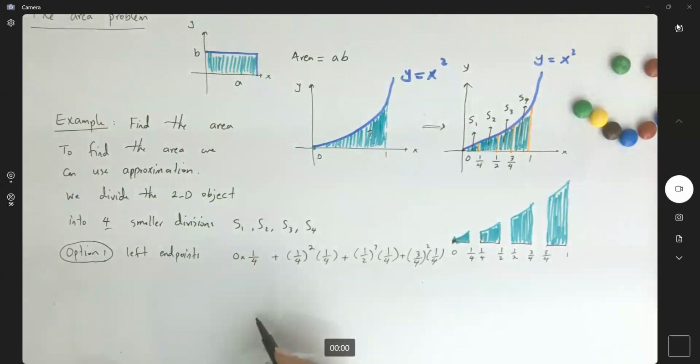If you add these together, you get a smaller approximation for this area.